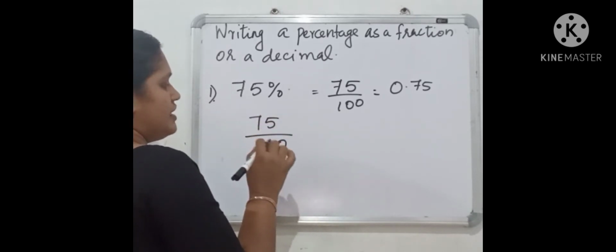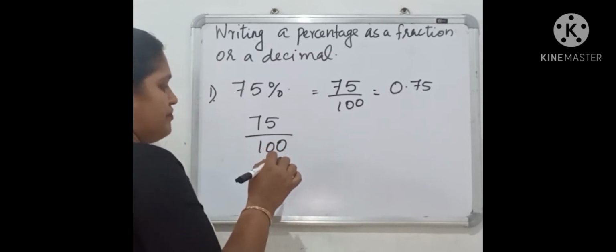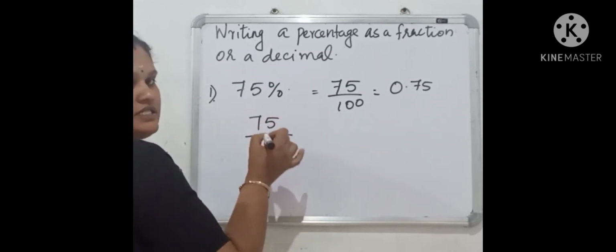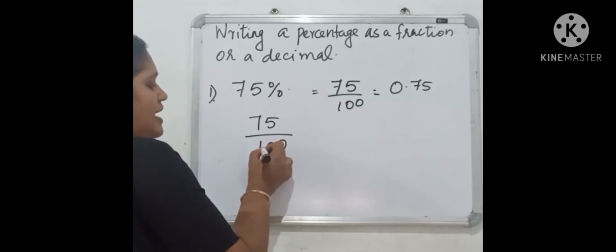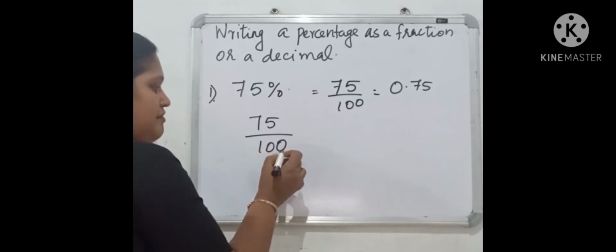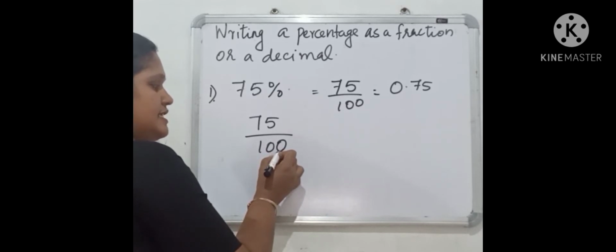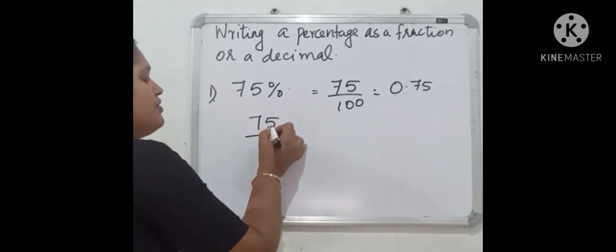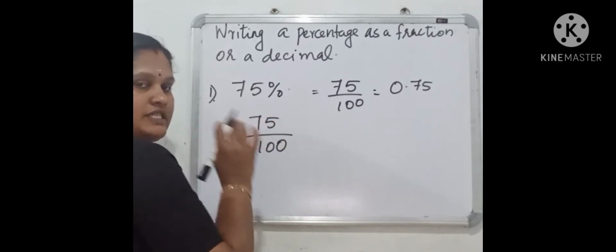How do we write its simplest form? We can cut common factors. Here 100 is divisible by 5 because its units place digit is 0. Here the units place digit is 5, so both numbers are divisible by 5.